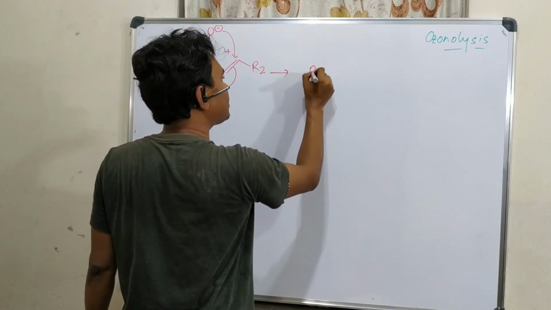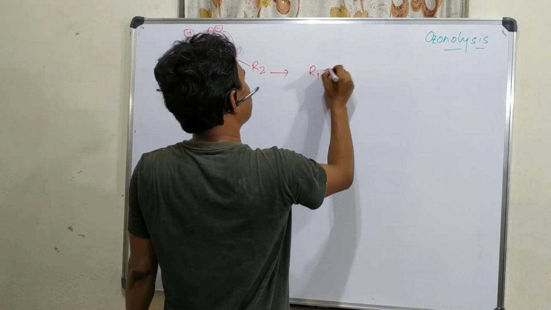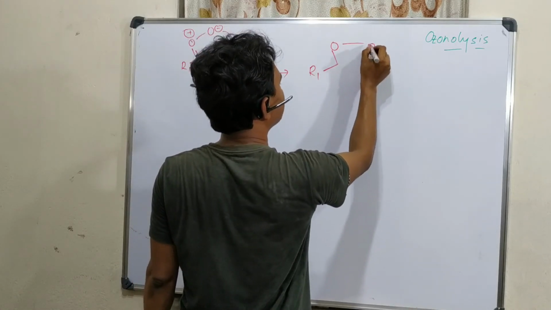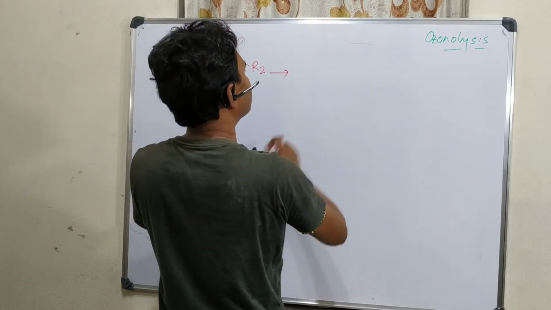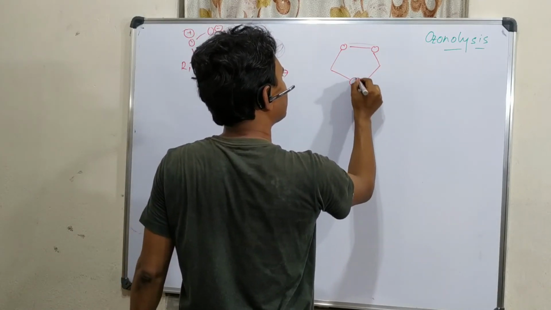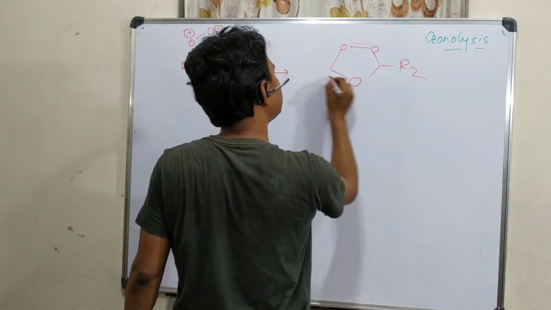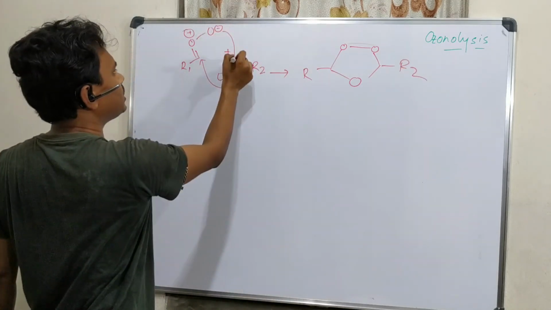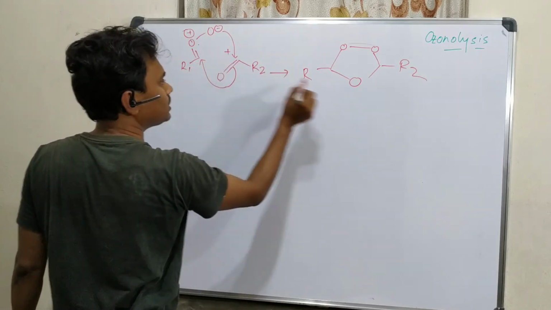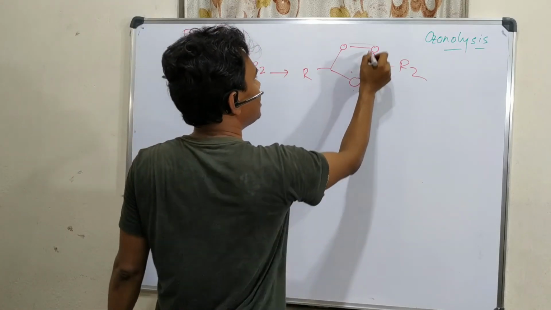What does it look like? R, this oxygen, this oxygen, this R2 here, R1 here. It will attack here, so these two oxygens are these two, and this one oxygen attacks here, this oxygen.